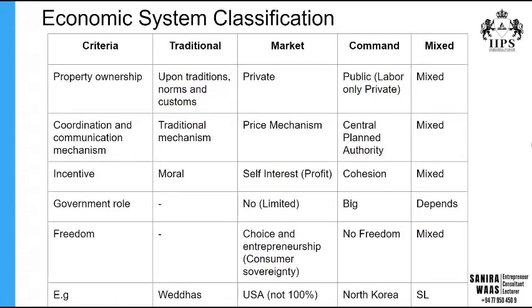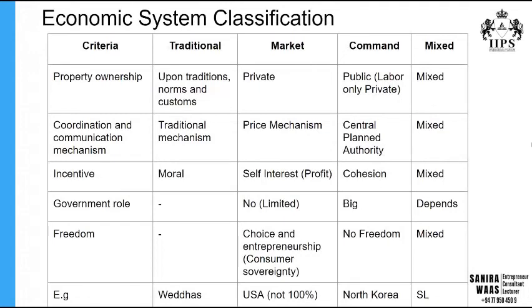For a traditional economy, the Veddas who live in Sri Lanka, the Aborigines, and native tribes tend to have a traditional economy. For a market economy, the best case can be identified as the United States, but some can argue that the government plays a big role, so it's not 100%, but the best case scenario is the US.